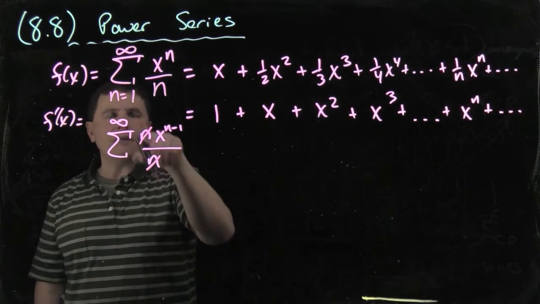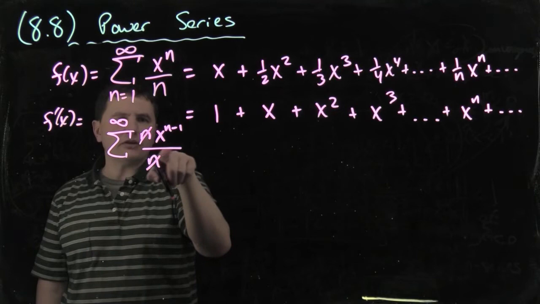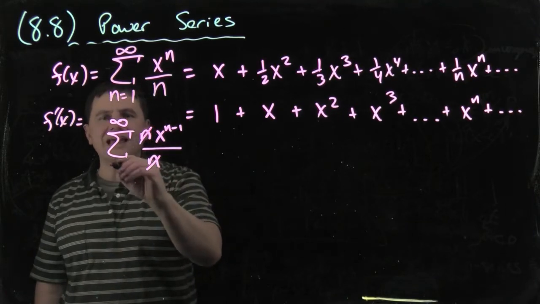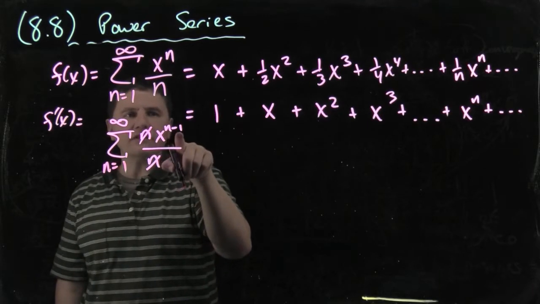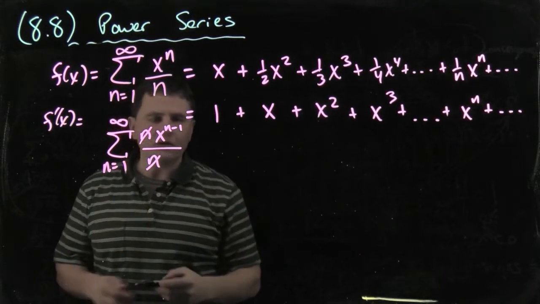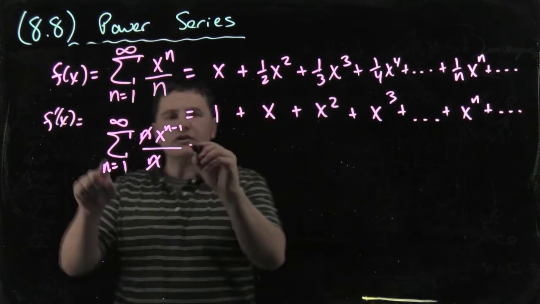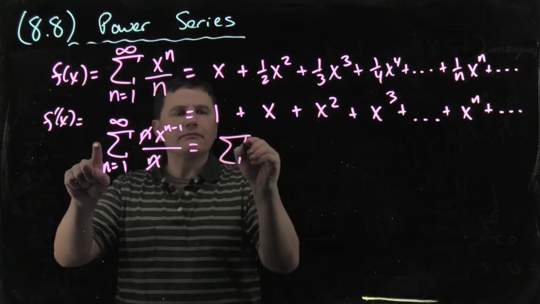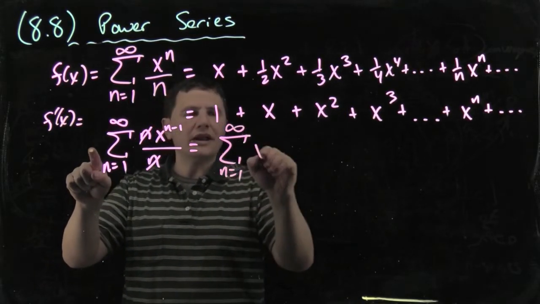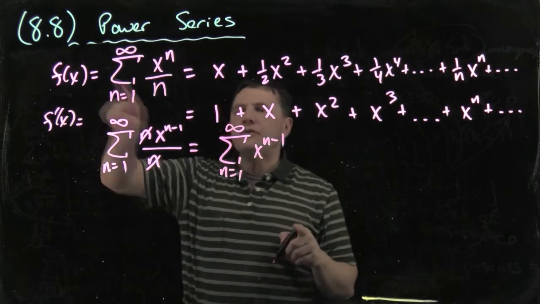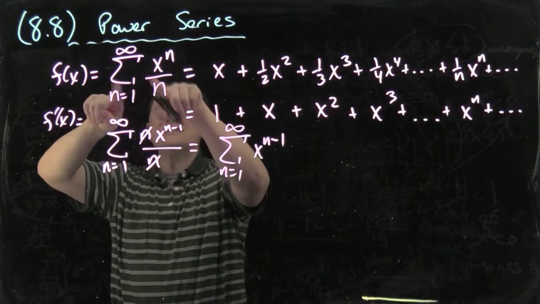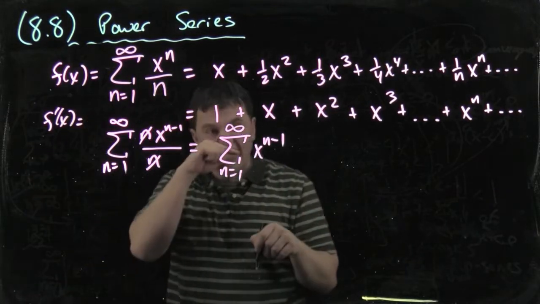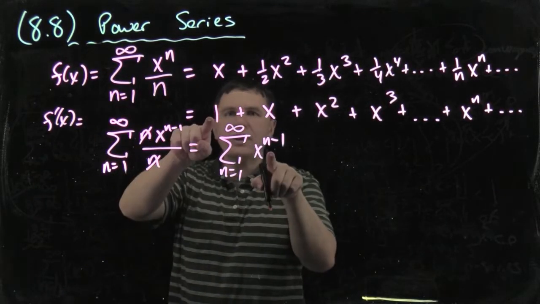Now, I want to point out, and sometimes you have to be careful with the index, does n equals 1 work for this? And the answer is yes. If I plug 1 into this, that's going to work, and I'm going to get 1. So now my new series is the sum from n equals 1 of x to the n minus 1. If I was just asked for the derivative of this, so this is f prime of x, I could just deal with it in that form. Notice nothing changed here. If I plug in 1, I get that first term. It's good to check.